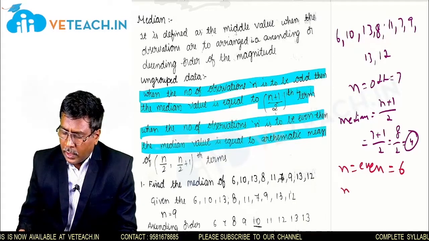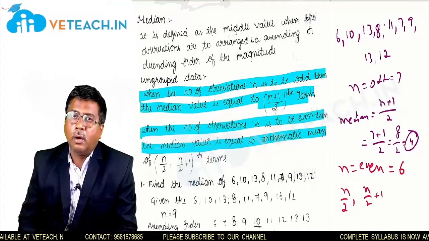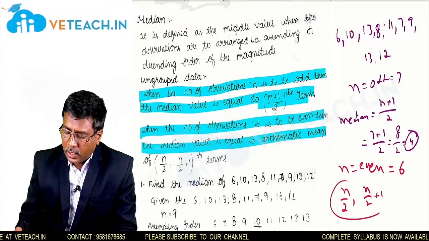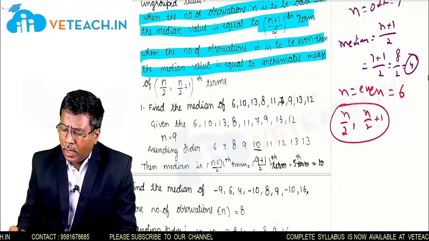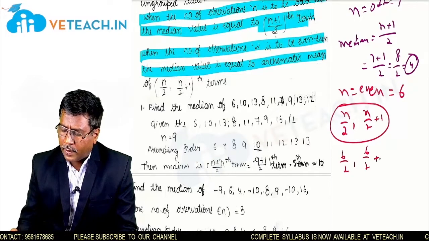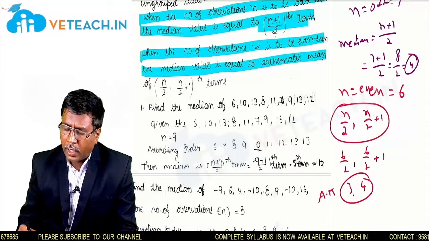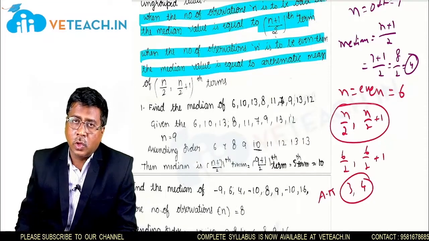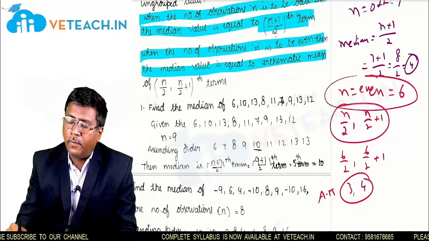Then n by 2 is 3, and n by 2 plus 1 is 4. The arithmetic mean of those two terms is the median if n is even.